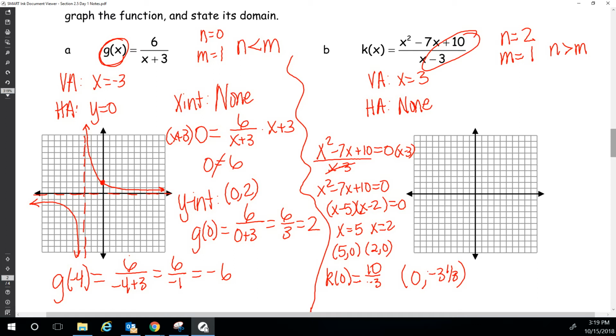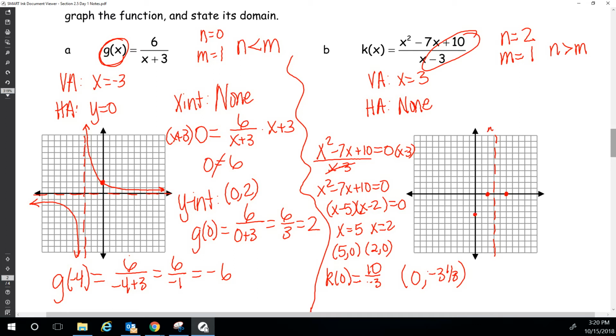All right, graphing this, my vertical asymptote, I've got one at x equals 3. I don't have a horizontal asymptote. I've got an x-intercept at (5, 0) and at (2, 0). I also have my y-intercept, which is (0, negative 3 and a third). Put you down here.